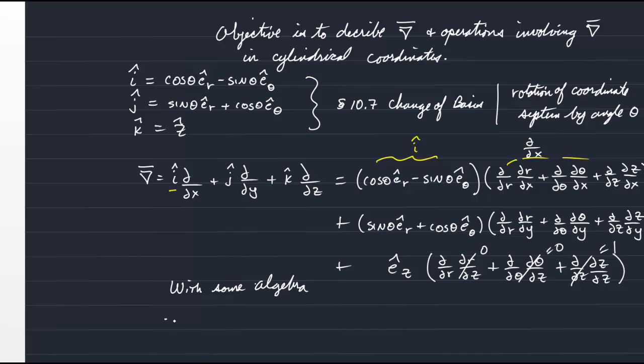we find that the del operator in cylindrical coordinates is equal to e hat r times the derivative with respect to r, plus e hat theta times 1 over r times the partial derivative with respect to theta, plus e hat z times the partial derivative with respect to z.